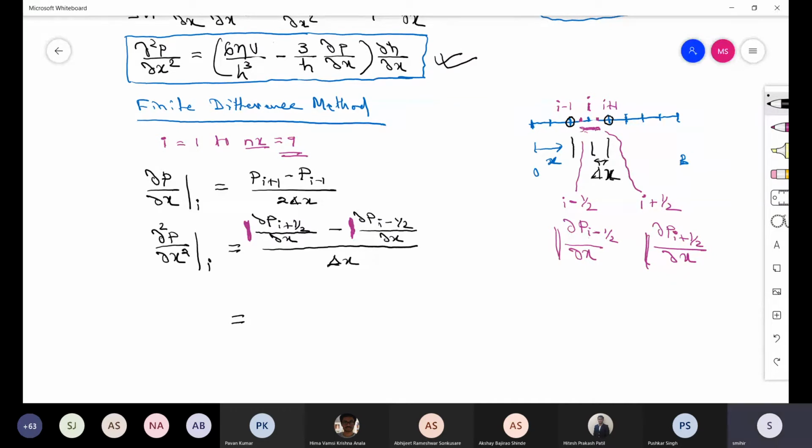That is equal to p I plus 1 minus p I divided by delta x, minus p I minus p I minus 1 divided by delta x.